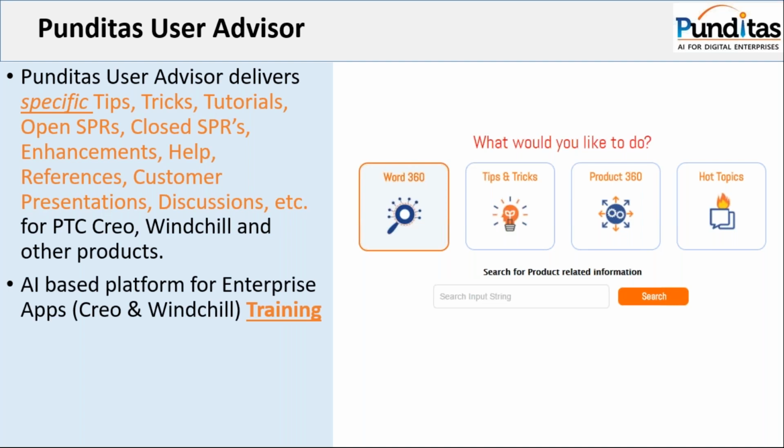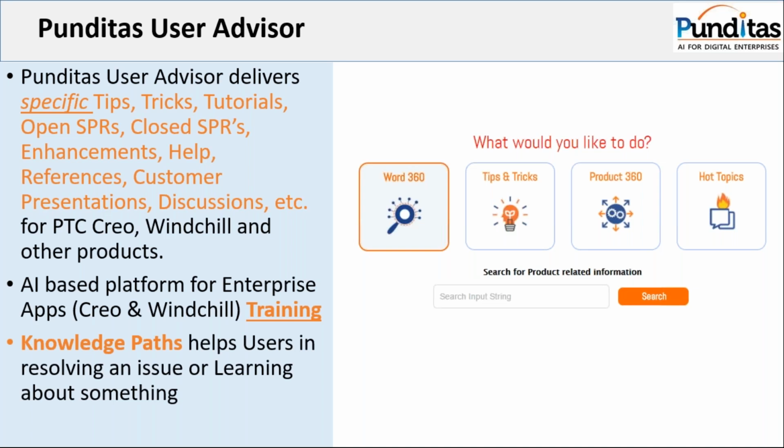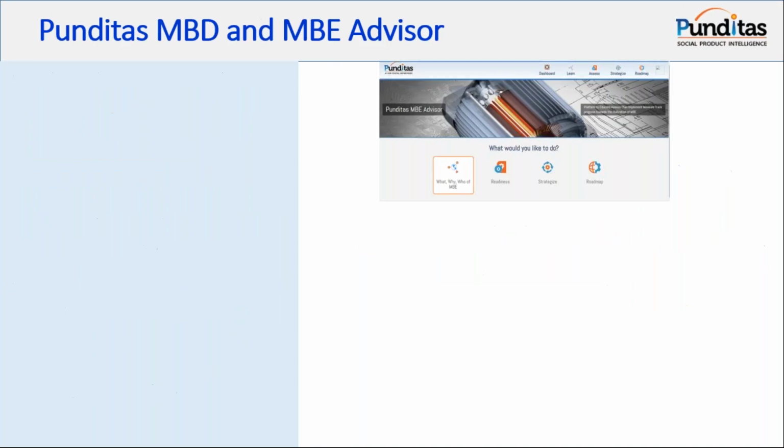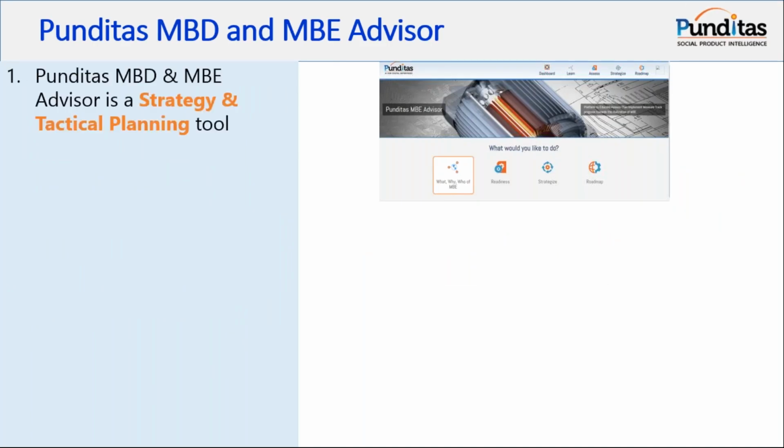And it's also an AI-based platform for training users. We have a number of customers that are using our tool set just for enabling users to get to the information very quickly and also provide targeted training. And we have something called knowledge paths within our tool set that will help users resolve an issue or learn about something in a very structured and personalized manner.